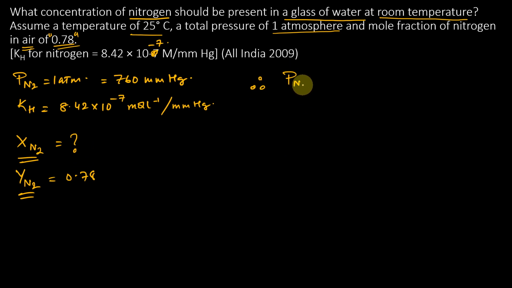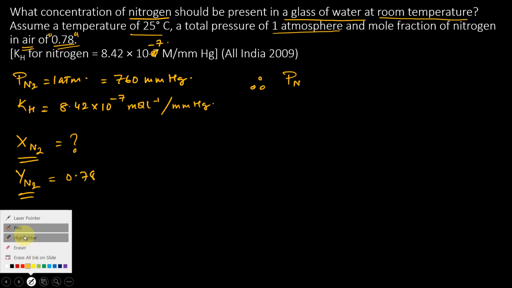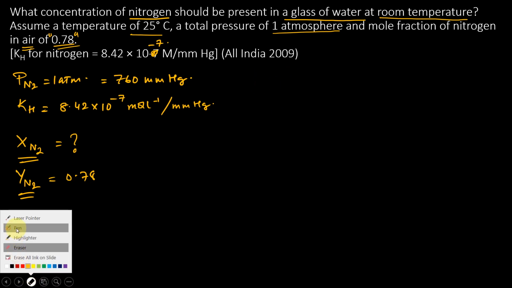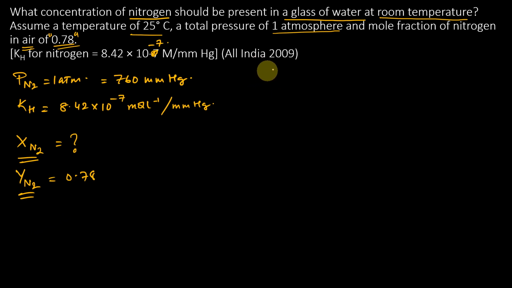Pressure of nitrogen gas. By the way, which formula are you going to apply? Okay, we are not going to apply the first formula that I've given you. According to Henry's law, we are going to find out concentration, right?